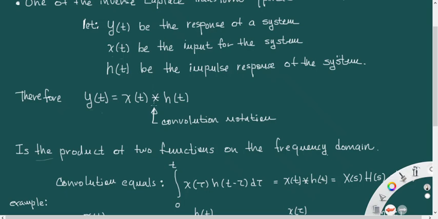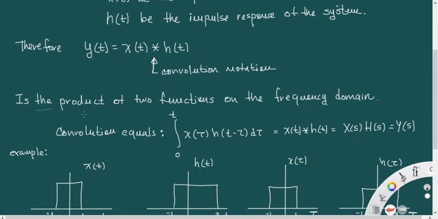This asterisk means the convolution notation. Every time you see an asterisk between two functions, it is the convolution operation, a special type of product.